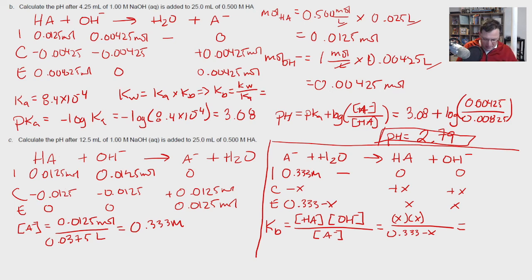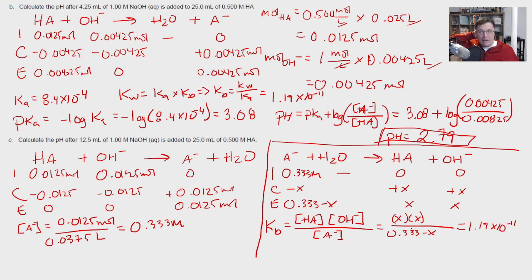So the Kb is 1 times 10 to the negative 14 divided by the Ka that we have, which is 8.4 times 10 to the negative 4. That gives us a Kb of 1.19 times 10 to the negative 11. That's what the Kb value is, and that's what we're going to use down here: 1.19 times 10 to the negative 11.